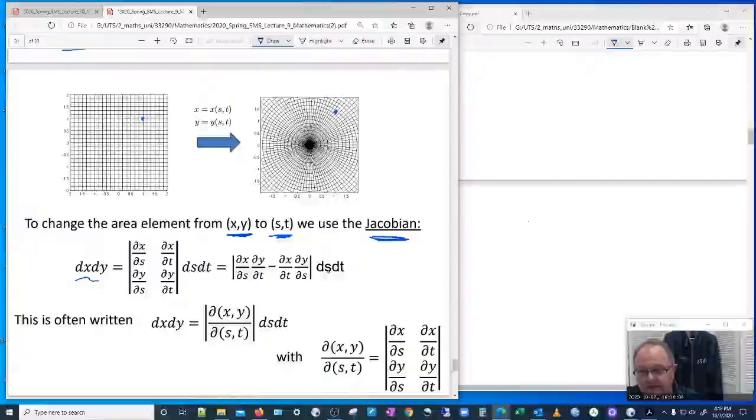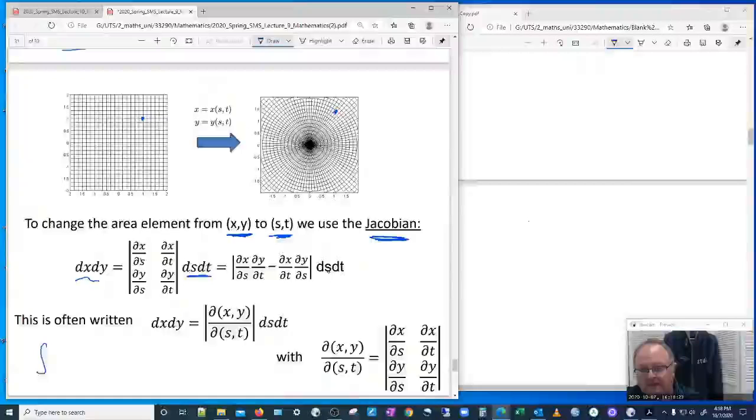You'll notice that you've got dx ds, dx dt, dy ds, dy dt, and we've been able to do that. So that transforms this coordinate system using the Jacobian.